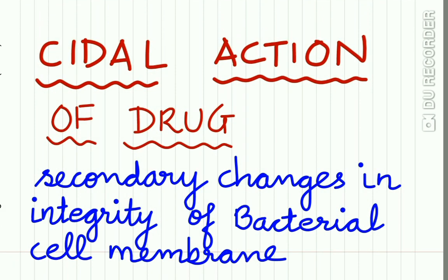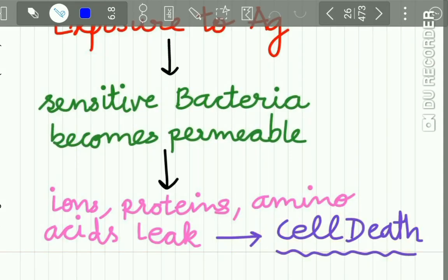Now, let us study the cidal action of the drug. The cidal action of the drug is based upon the secondary changes in the integrity of the bacterial cell membrane.